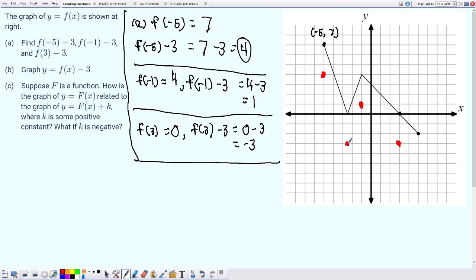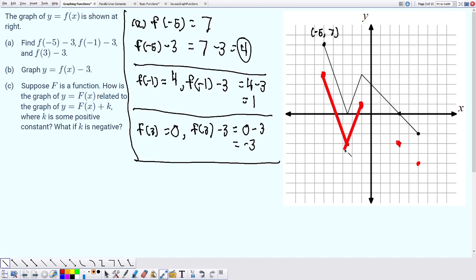Let's color that in red. And we have this endpoint down 1, 2, 3. And that should be enough to get us to where we want to be. So let's connect those points, just as we saw earlier.